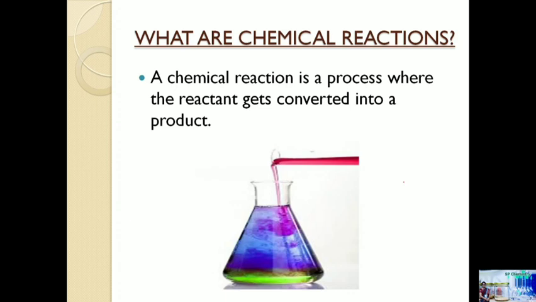So first of all, we should know what are chemical reactions. A chemical reaction is a process where the reactant gets converted into a product. Reactant means the substances which react are known as reactants, and the new substance formed is known as product.